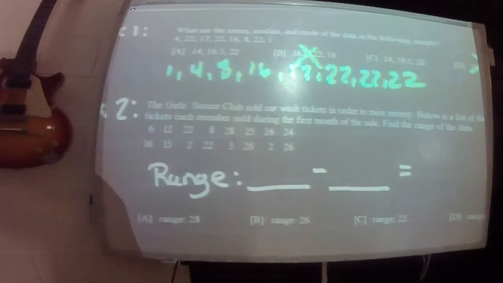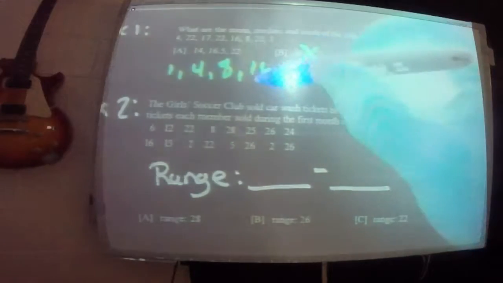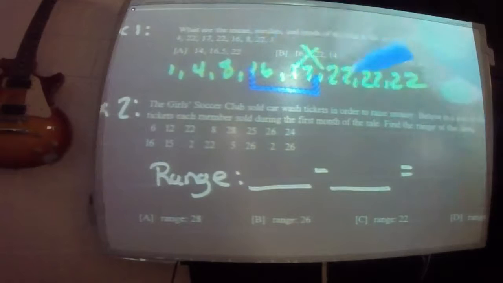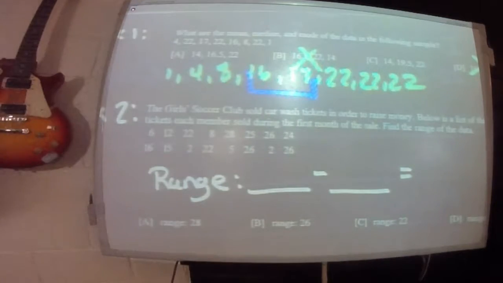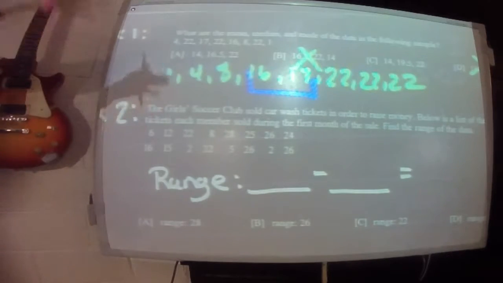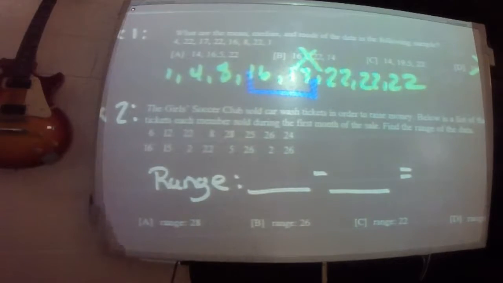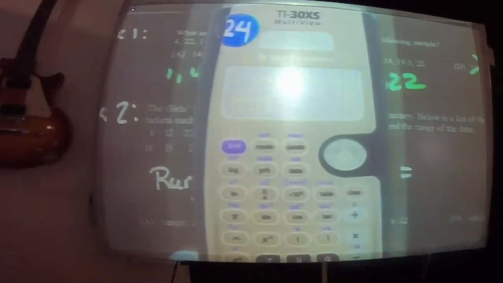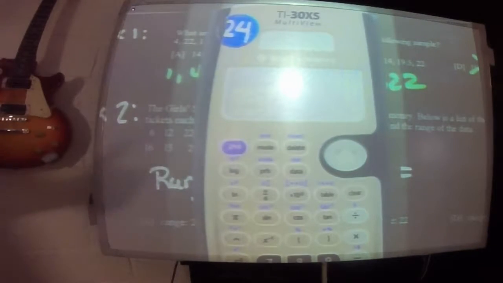Okay, what are the middle numbers on this? Because we don't have a true middle number. 16 and 17. There's 3 numbers this way, 3 numbers that way. When you have 2 middle numbers, you add them together. 16 plus 17 is 33, and divide by 2, and you get 16.5.